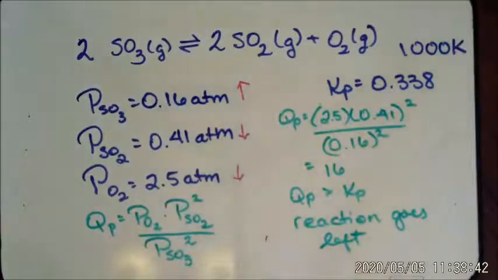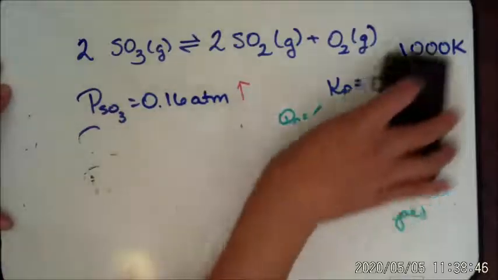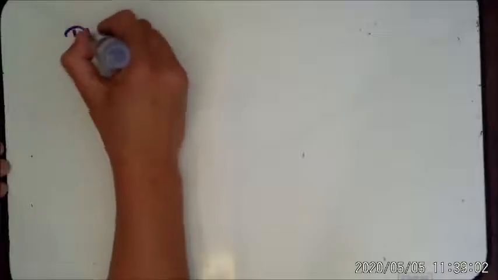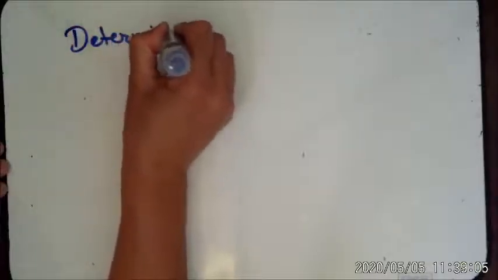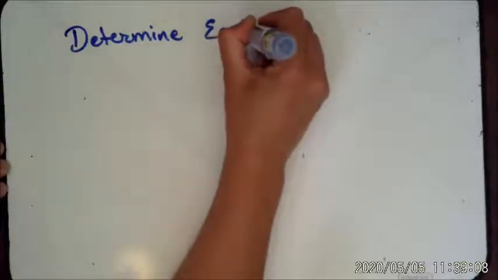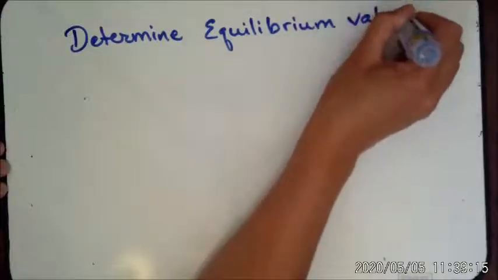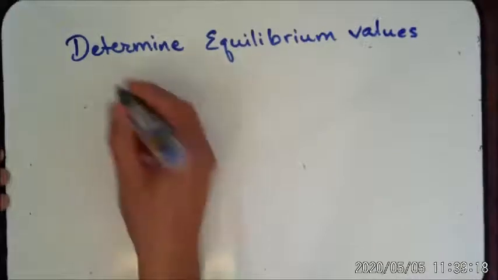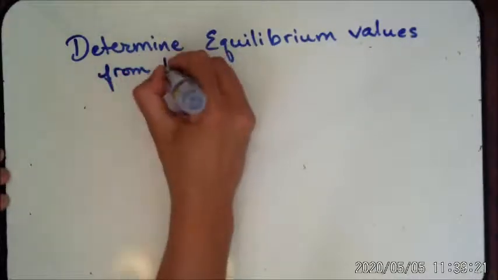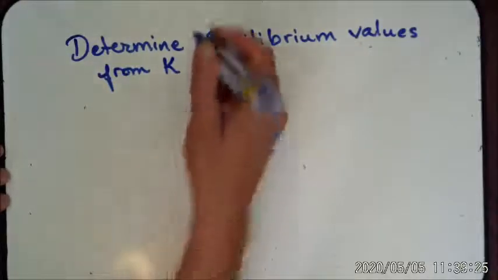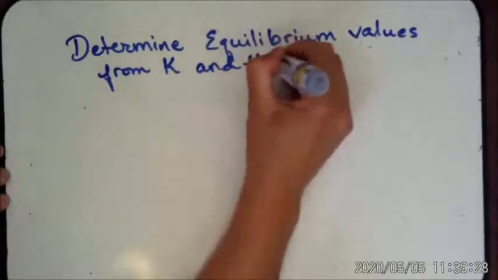Let's try some calculations now. Let's start off with, when we do calculations to determine equilibrium values, so concentrations or partial pressures, what we're going to be doing is working from our equilibrium constant and the initial conditions.